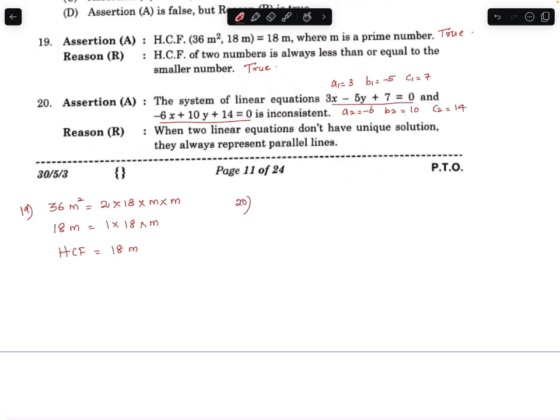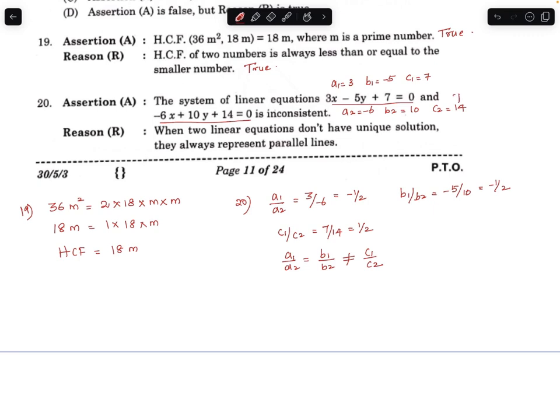Now getting the ratios, a1 upon a2 is 3 upon minus 6, which is minus 1 by 2. b1 upon b2 is minus 5 upon 10, which is minus 1 by 2. c1 upon c2 is 7 upon 14, which is 1 by 2. a1 upon a2 is equal to b1 upon b2 is not equal to c1 upon c2, which means the lines are parallel to each other. Therefore, there is no solution and the system of linear equations is inconsistent here.